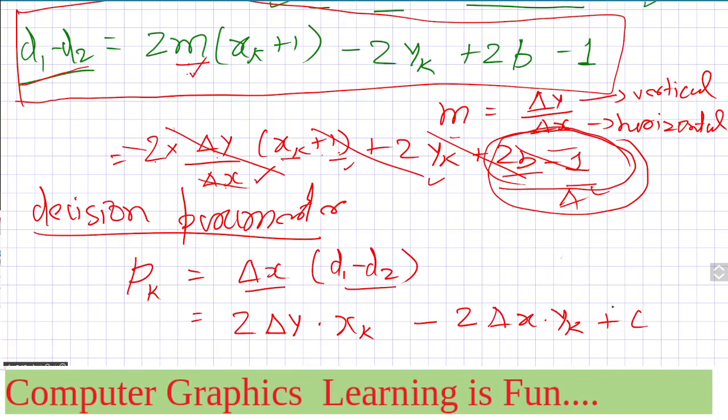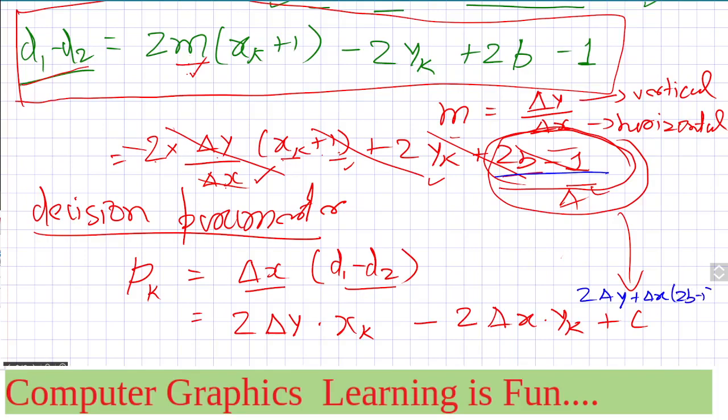Okay. So now all this thing is in c. If you really want to see what c will be, it will be something like 2 delta y plus delta x into 2b minus 1, right?